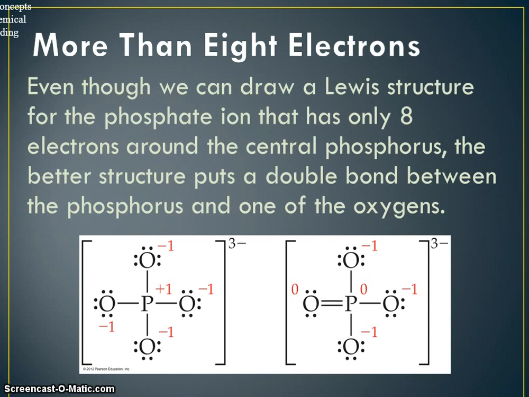We also find, though, that perhaps this structure is a little bit improved if we add a double bond with the phosphorus in one of the oxygens. Now we have 2 zeros for formal charges and the other -1, which are in an appropriate spot. So phosphate might not necessarily be just following the octet rule. It might exceed the octet and be hypervalent.